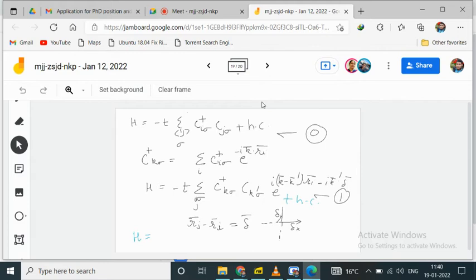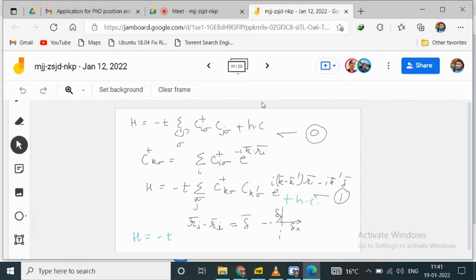What do I do with these exponential factors? Do you know how to do it? Tell me yes or no. Okay, no. Let's use some properties of the Fourier transform and some simple properties of the exponentials and delta function.